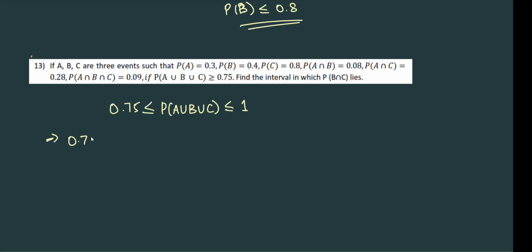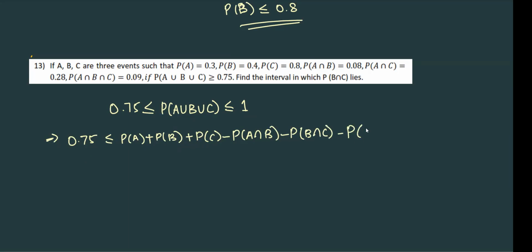So this implies P of A union B union C is P of A plus P of B plus P of C minus P of A intersection B minus P of B intersection C minus P of C intersection A plus P of A intersection B intersection C. So this should lie between 0.75 and 1.